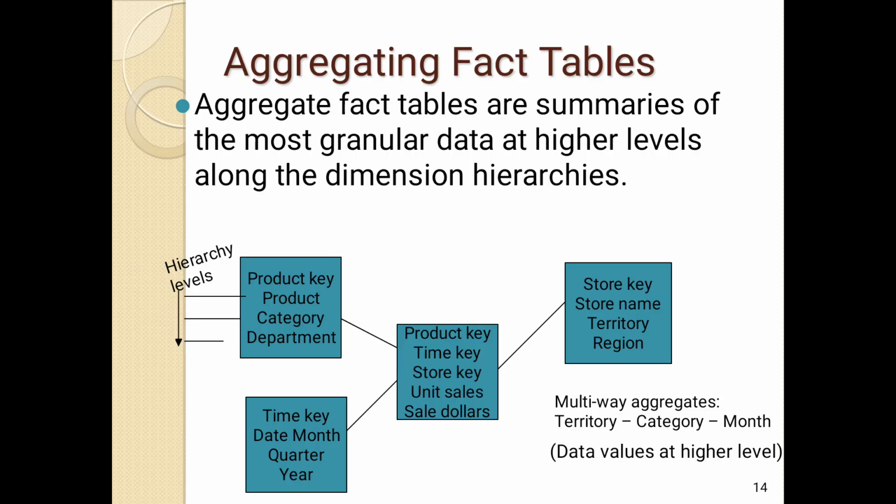What are the hierarchy levels? The product key, product category, and department. These are the hierarchy levels. Multi-way aggregation means category and month, the data values at the higher levels.